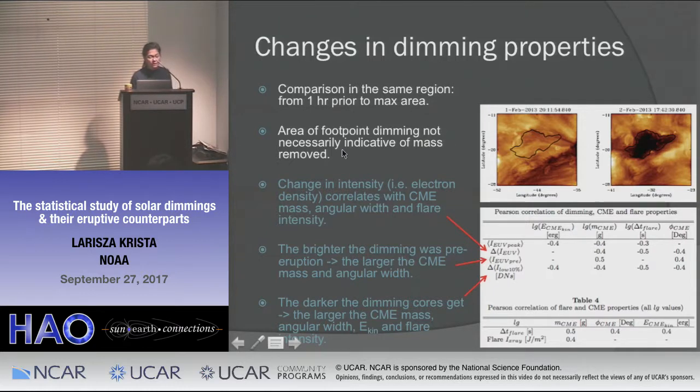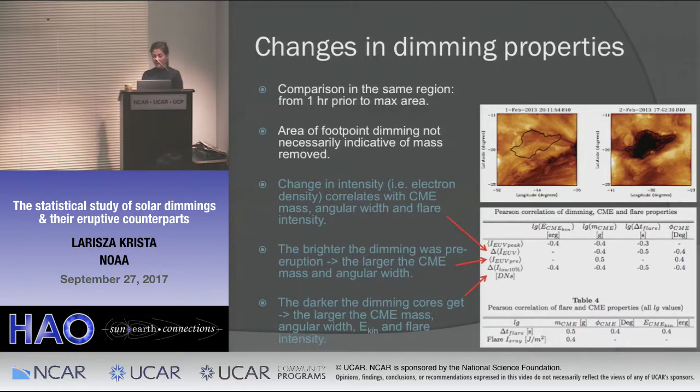Apparently, I forgot already. But what we found was that the area of the dimming is not necessarily indicative of the mass removed. So basically, just because a dimming is huge does not mean that the CME mass is going to be huge. So big dimming does not mean big CME.